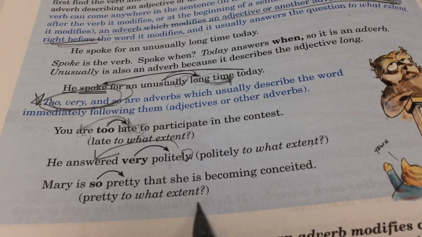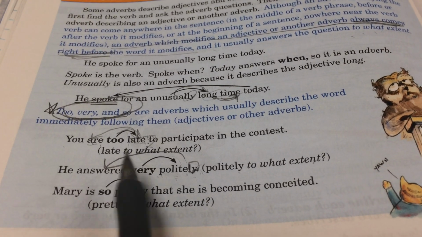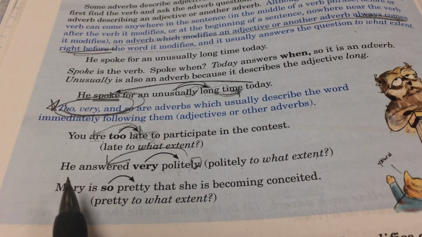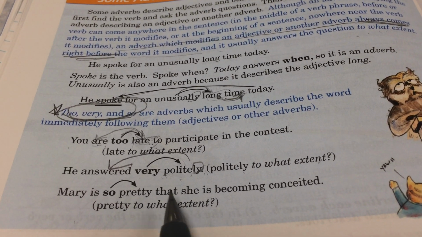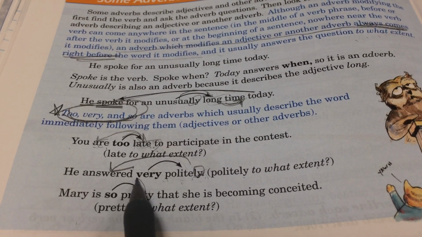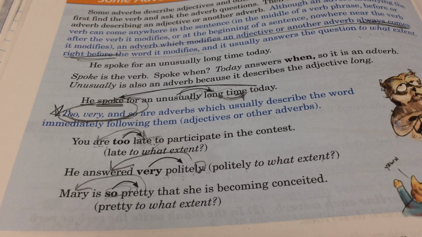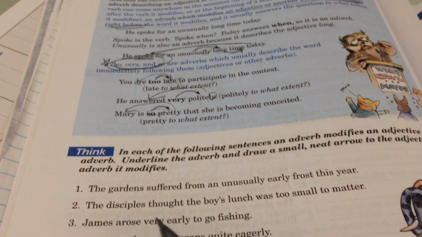But he answered very politely. Politely is an adverb describing answered, but very describes that. Mary is so pretty that she is becoming conceited. Pretty describes Mary. It's an adjective. So describes that adjective. Okay.